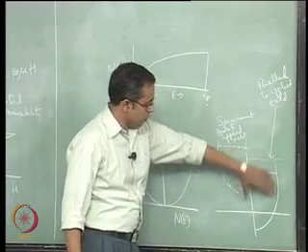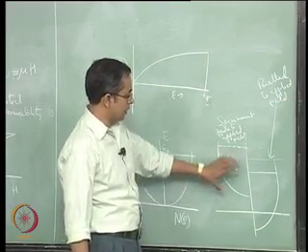Since this is parallel, this is now going down in energy; this is opposite, the spin is opposite to the applied field, it is going up in energy.